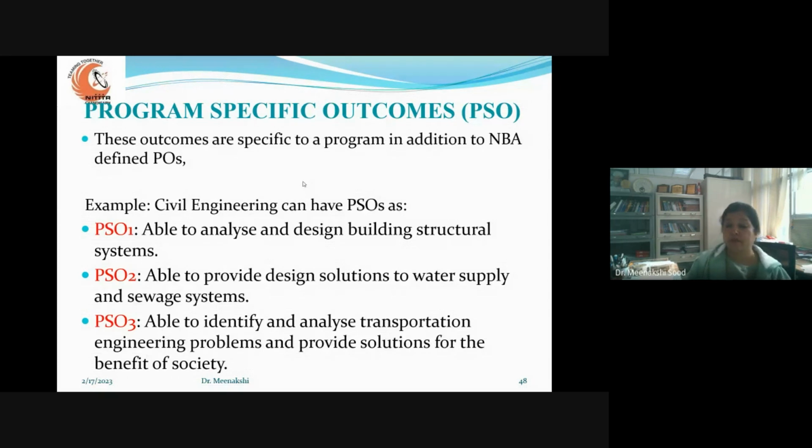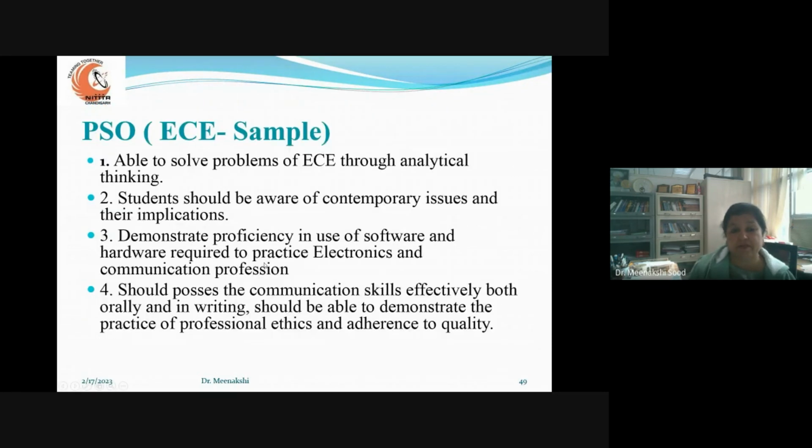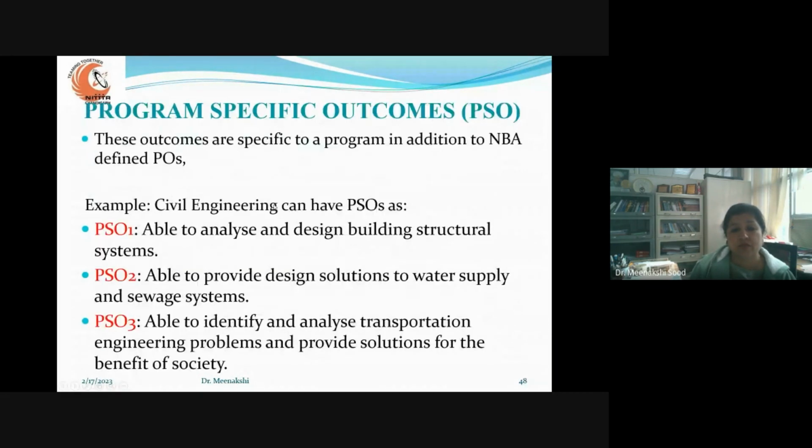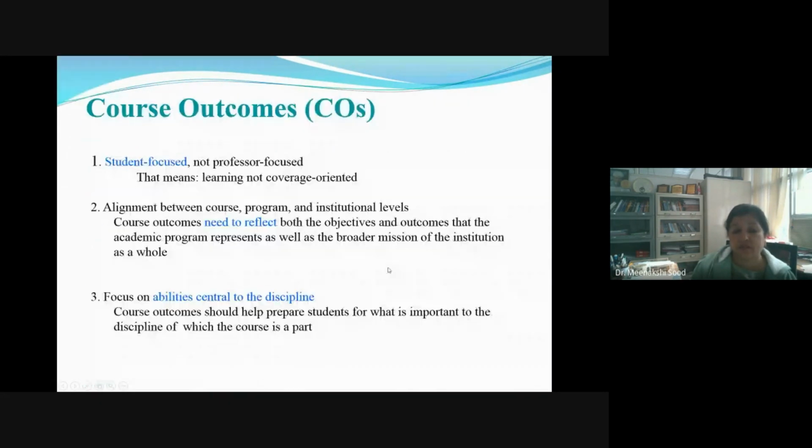PSOs can also be designed, but again not more than 2 to 4. Only 2 to 4 PSOs can be there, for aspects which you think the POs have not covered. Okay, so as in this example of civil engineering, like building structures, because if your MTech or BTech is in structural engineering, you see that in the POs we are not talking about any structure. So you can formulate these PSOs, right?